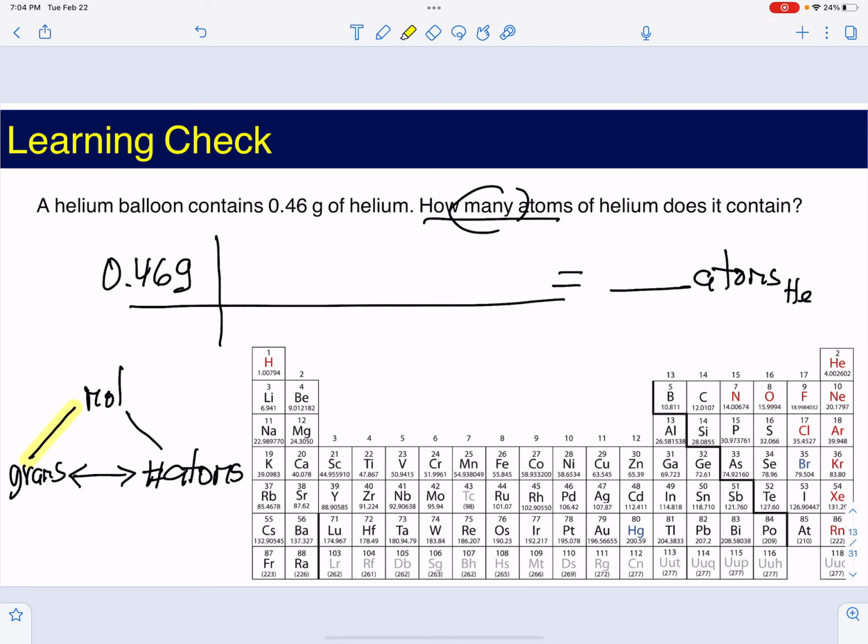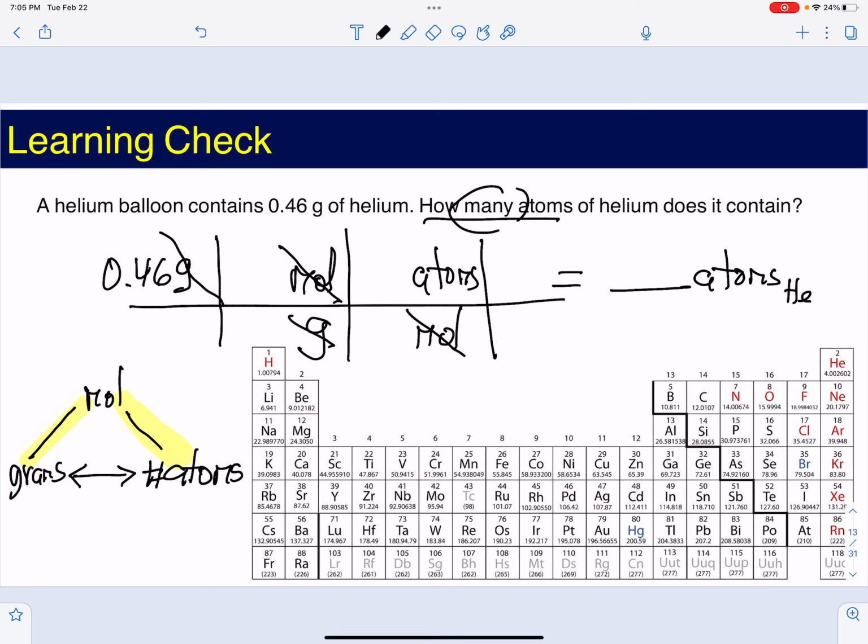Step 1, grams to moles, step 2, moles to atoms, which means this is going to be a 2-step conversion, because I do not want the grams, I want the moles, right? And I do not want the moles because I want the atoms. So the relationship between moles and grams: 1 mole of helium equals 4.0 grams. The relationship between moles and atoms: 1 mole of anything equals 6.02 times 10 to the 23rd atoms, in this case.